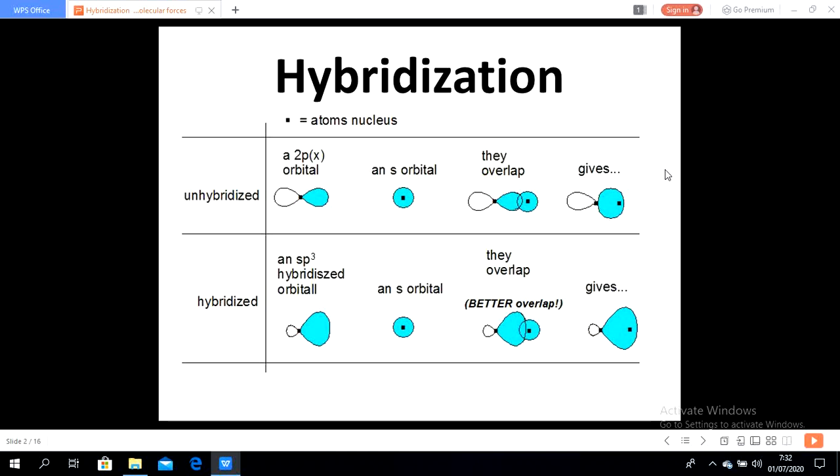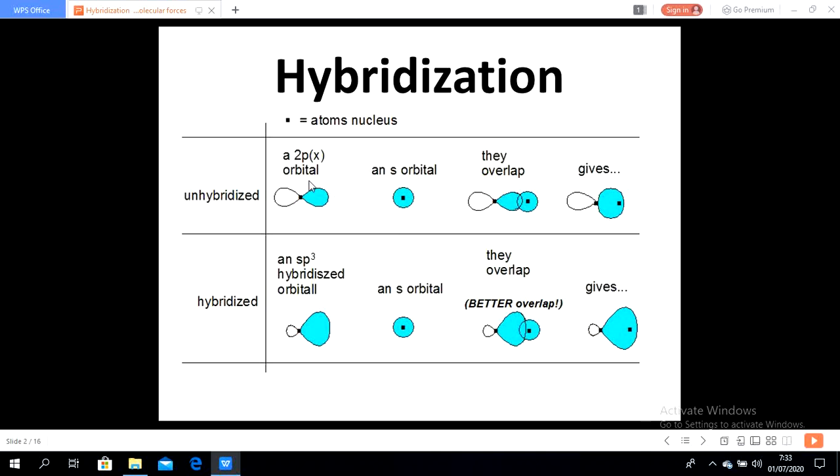Hybridization we already learned in chapter 2, SPDF, electronic configuration, sublevel subshell electronic configuration. So unhybridized is like this one. This is a 2px orbital. This is an s orbital. Why px?